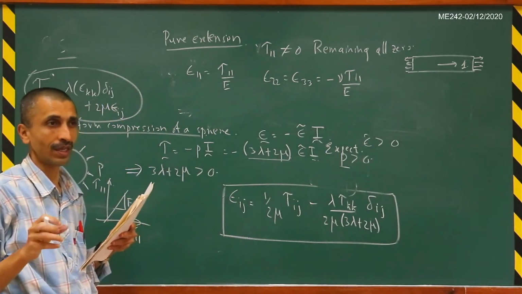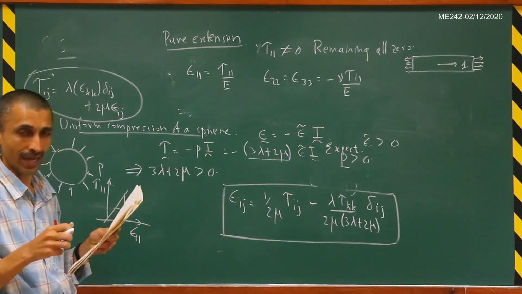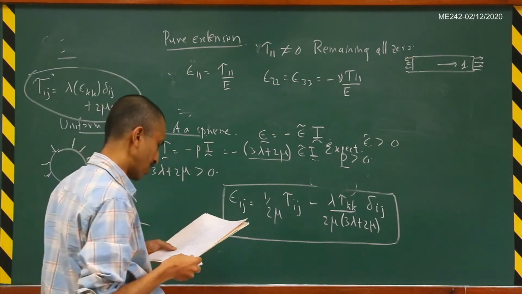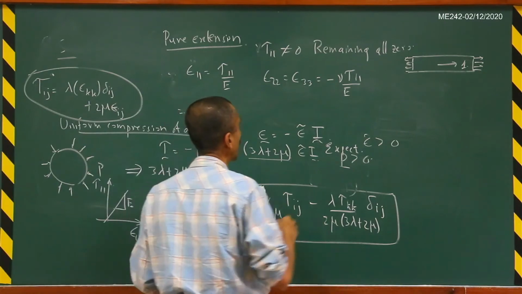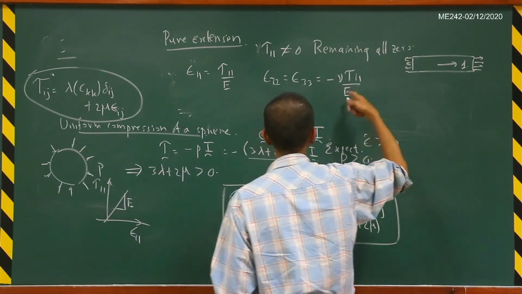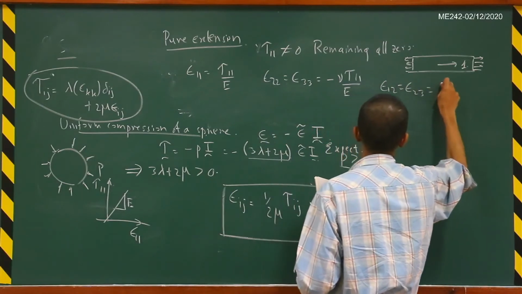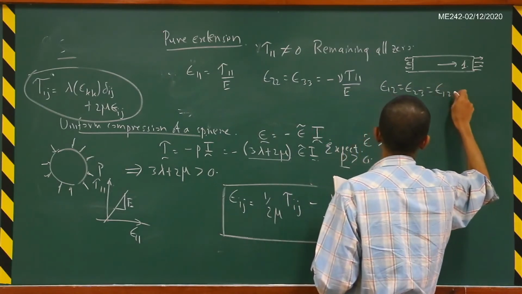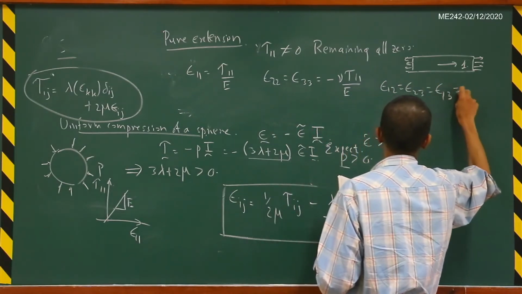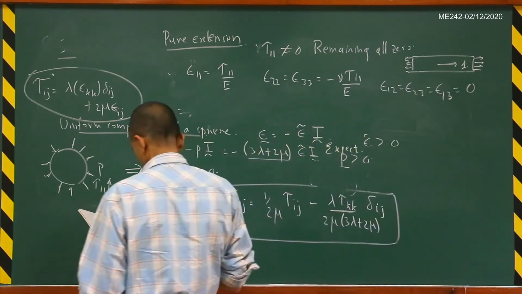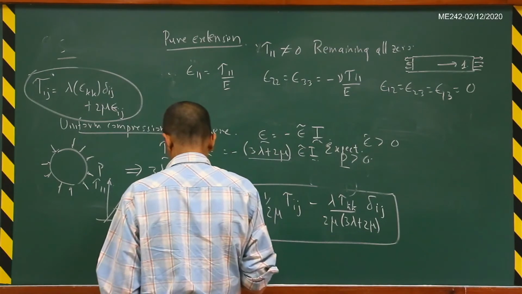So that is the contraction in the lateral direction when we are pulling in the longitudinal direction here. And what about the shear? So they are all 0. So epsilon 12 is equal to epsilon 23 is equal to epsilon 13 is equal to 0. So all the shear strains in this particular case are 0, right?